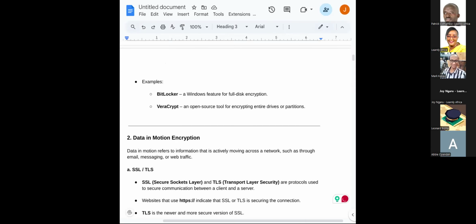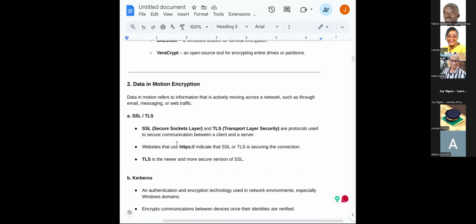And when it comes to data in motion, you can use SSL/TLS. I think you guys have seen this. For example, if you look at the URL that you're using right now for Zoom, it has HTTPS, and HTTPS tells you that this particular domain has SSL/TLS certification.